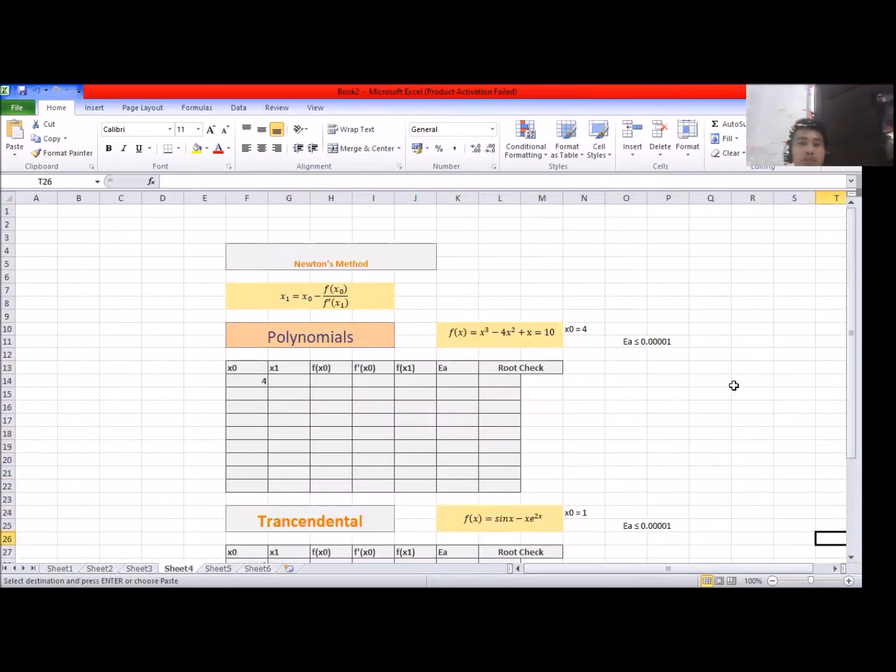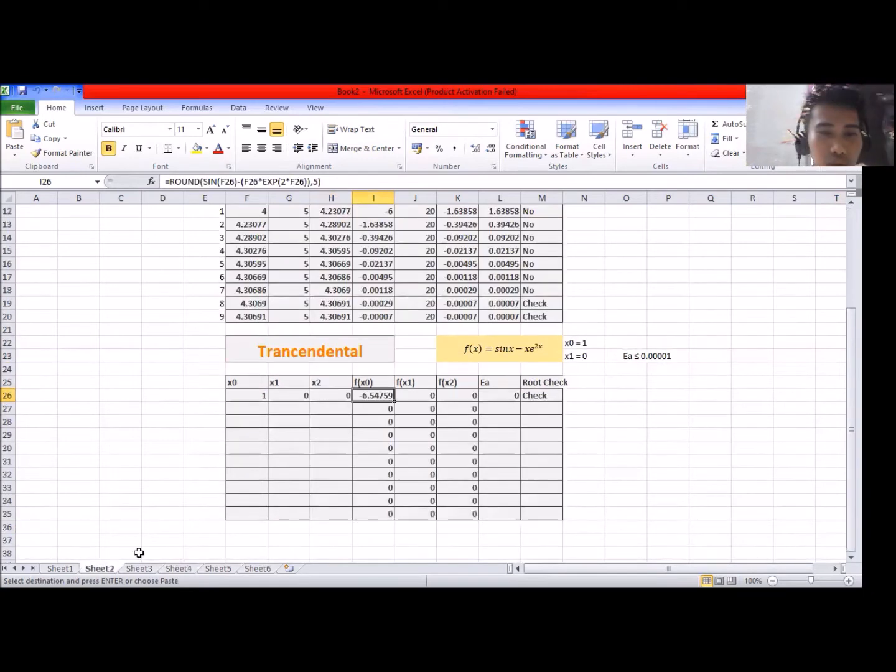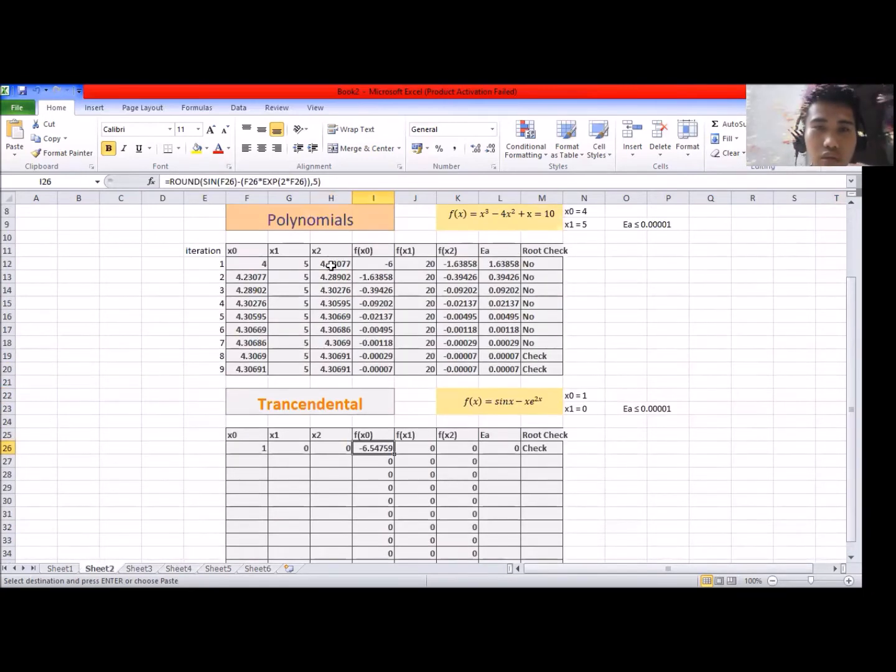Newton's method consists of getting the x of 1. So here we only need x of 0, the function of x of 0, and the derivative of x of 0. To get the x of 1, first we need to find the x of 0. So initial value again, the function of x of 0.